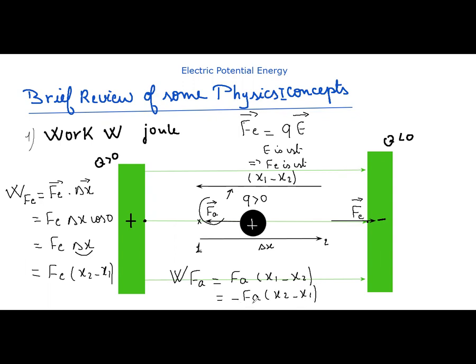Here in this case, I apply FA only slowly on the object. The value of FA equals the value of FE, but in the opposite direction. As magnitude, we have the same value, but as direction, it's opposite.